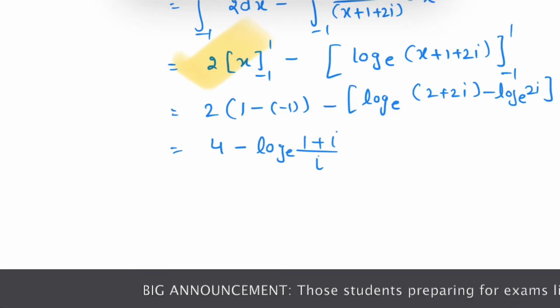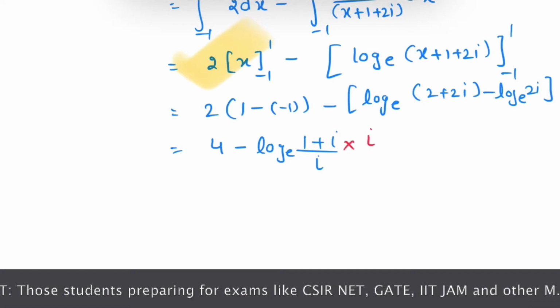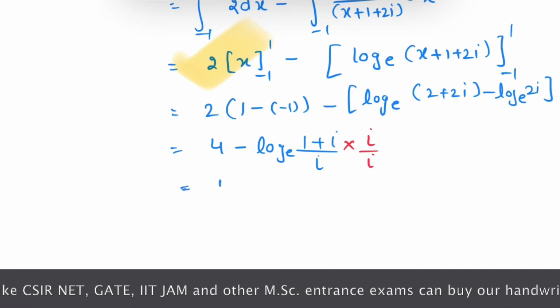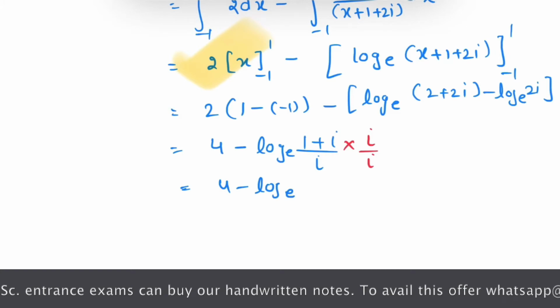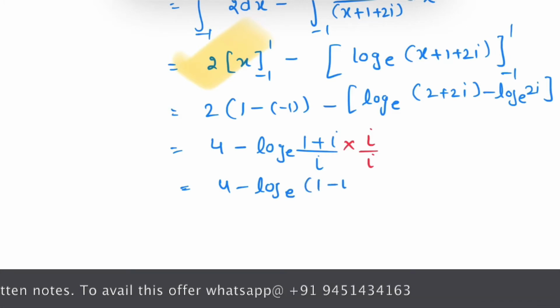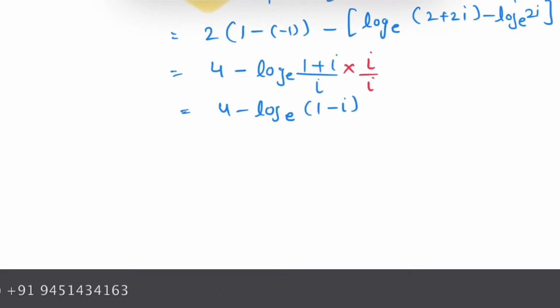Now multiplying iota in numerator and iota in denominator, we'll have 4 minus log base e of (1 minus iota). Now let's write this in polar form.